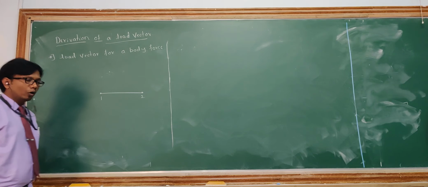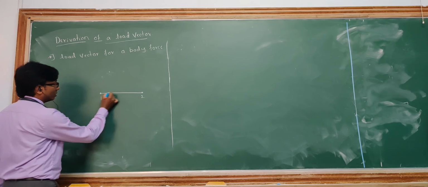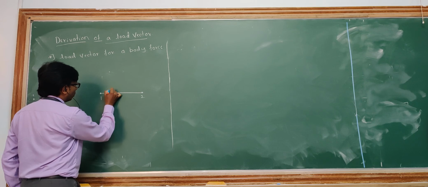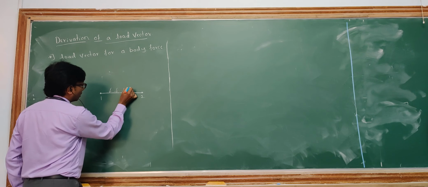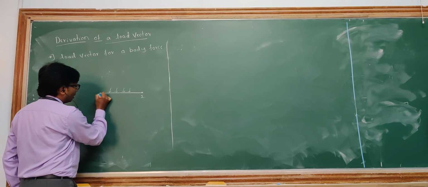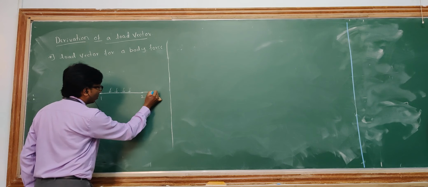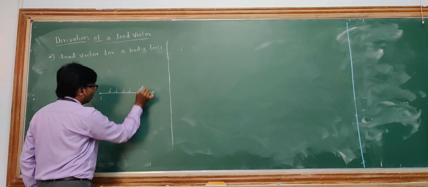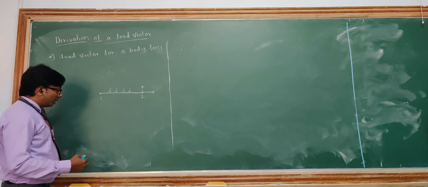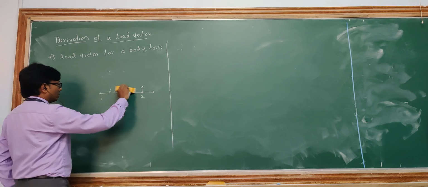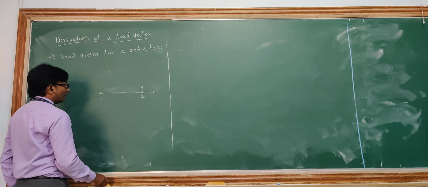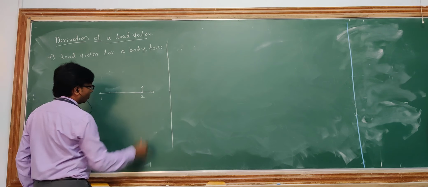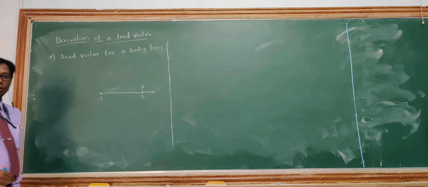You cannot give it on an element. So there is an element here, and you cannot give the loads on this particular part. Only the nodes will be considered for the load. You can give the load here, you can give the load here like this. This is the important thing you need to remember: in theoretical FEM, the load can be given only on the nodes.